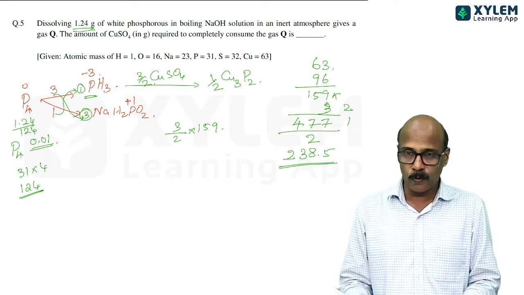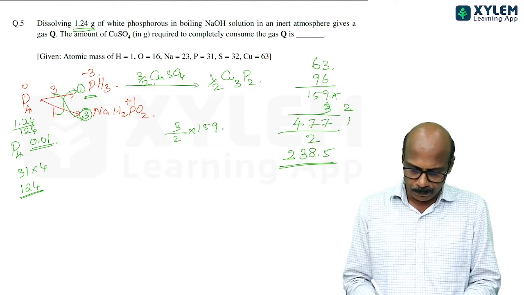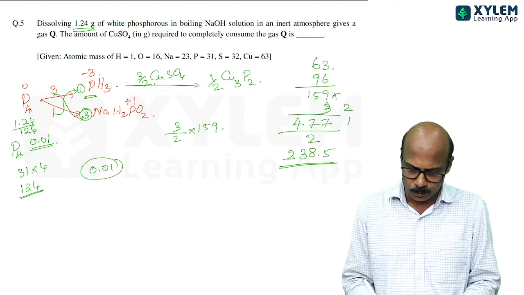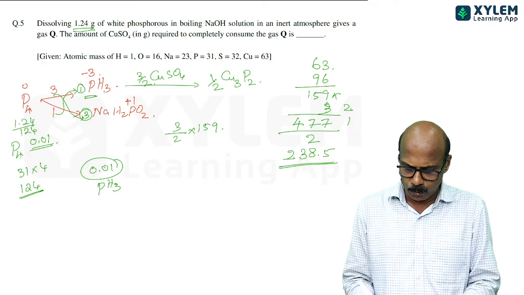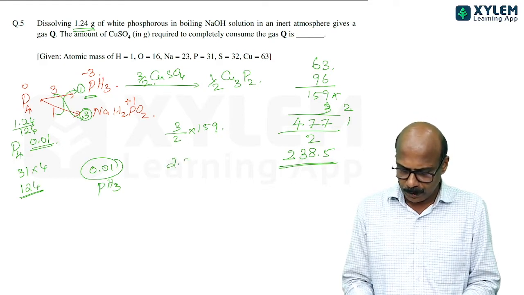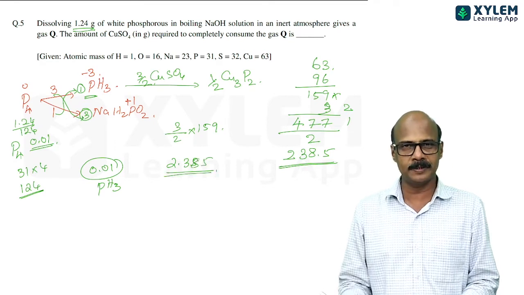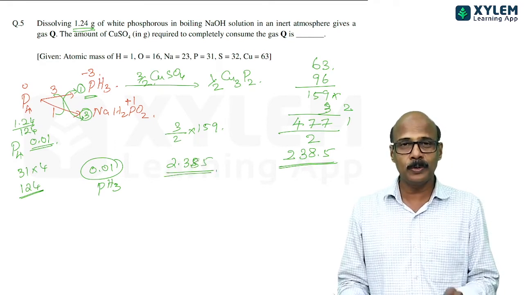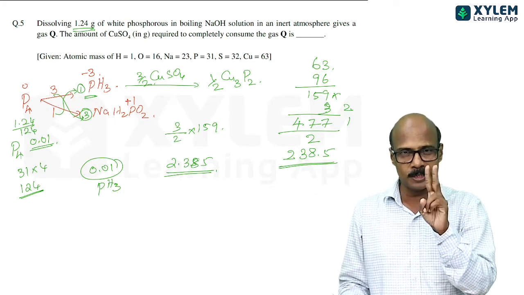Clear? But don't forget only 0.01 mole phosphine is produced. So for 0.01 mole phosphine you require 2.385 gram copper sulfate. But you want to approximate to 2 decimals.